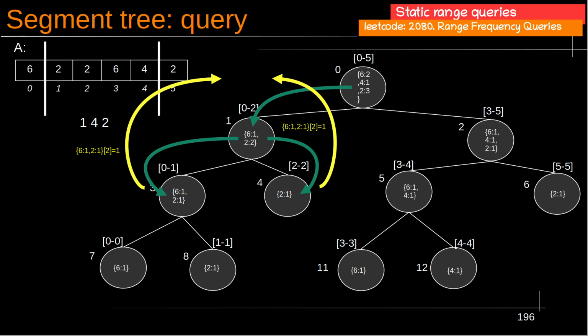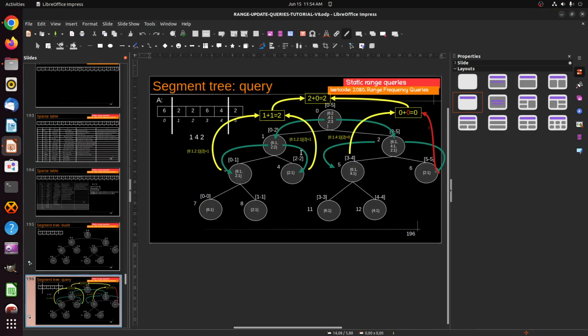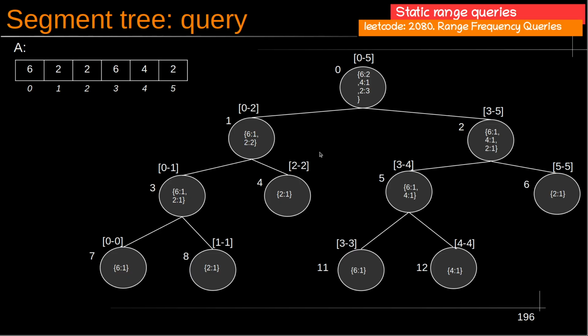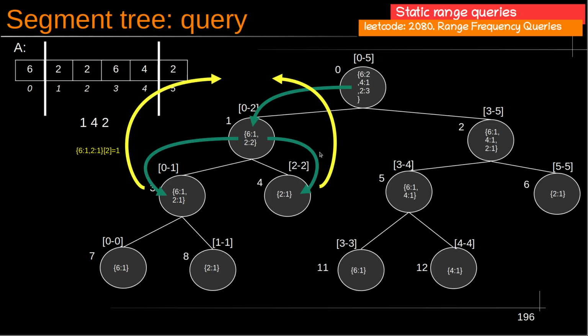Sorry, here I have a mistake. Here just that map to 1. How many 2s in that map? Just 1.